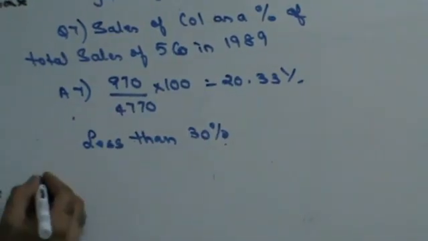Next, let's see questions 8 to 12. Now they give you days from 1 to 50, and they have given you the number of units utilized on that particular day.